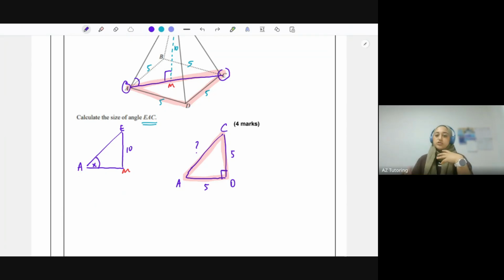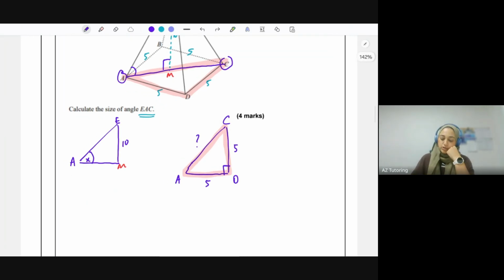So ask all these questions to yourself when you're doing a maths question. So we can use Pythagoras here. 5 squared plus 5 squared equals, I'll call it AC squared because it's length AC. So try and get used to that notation. Or alternatively, if you want to use Pythagoras, you can say C squared as well. It's up to you what you call it, but just stay uniform. 25 plus 25 is 50.